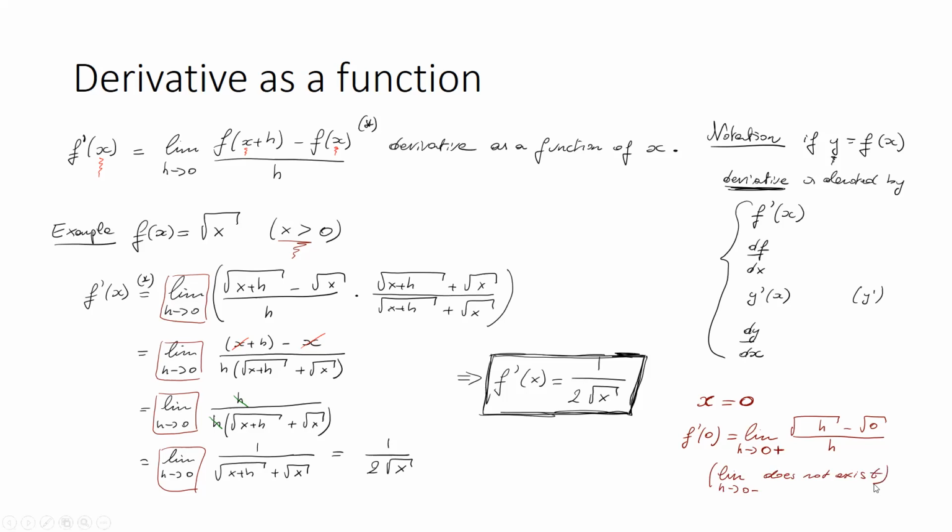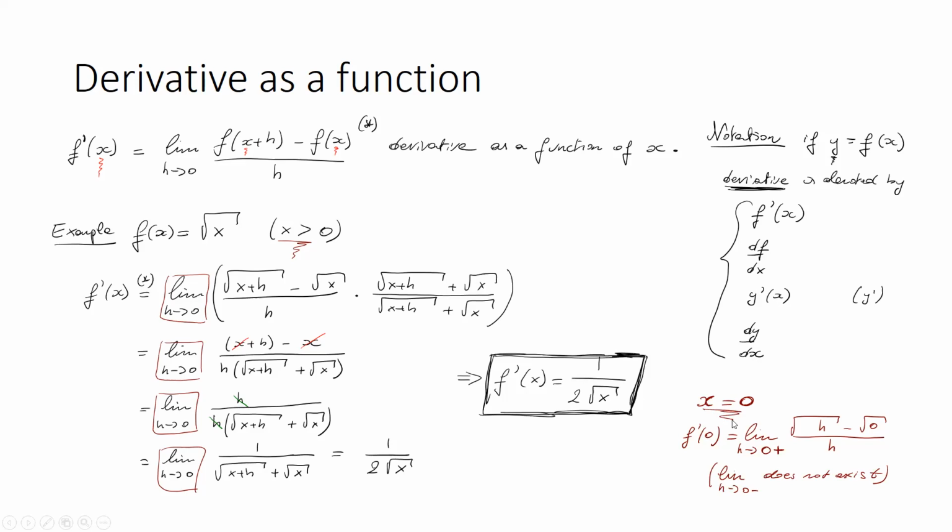And that's a bit of a problem, because if we apply our definition really strictly, that means that the derivative of the square root does not exist for x equal to 0. And that's maybe a bit too strict.